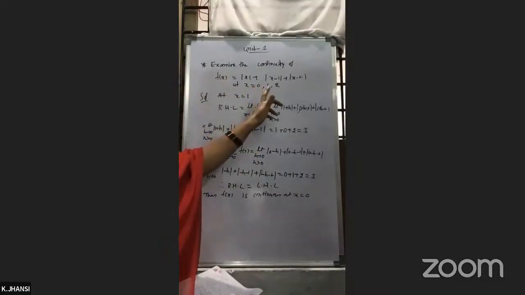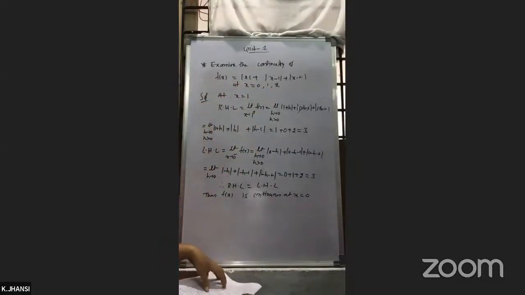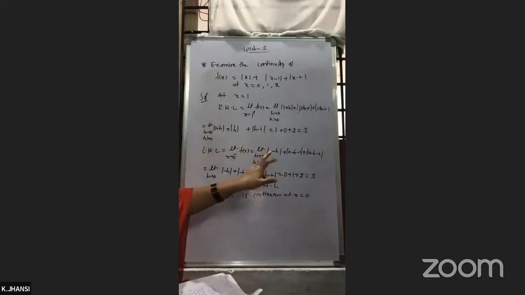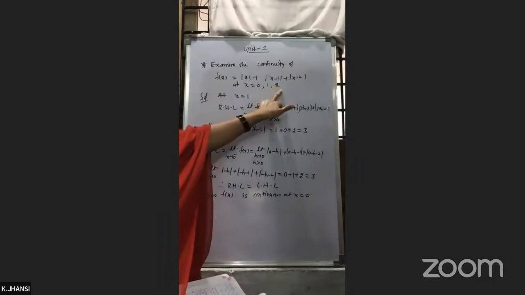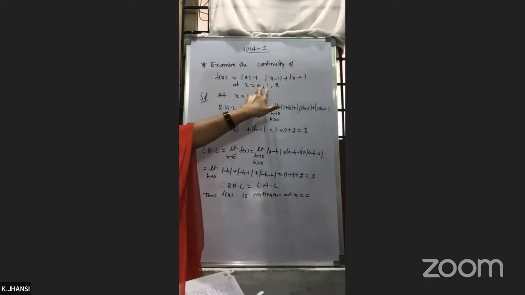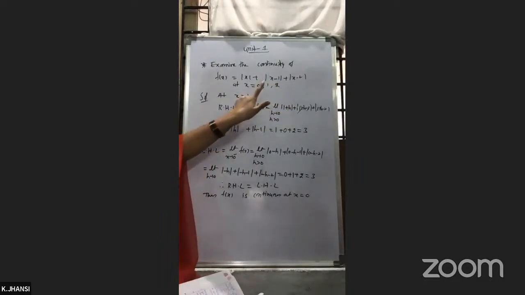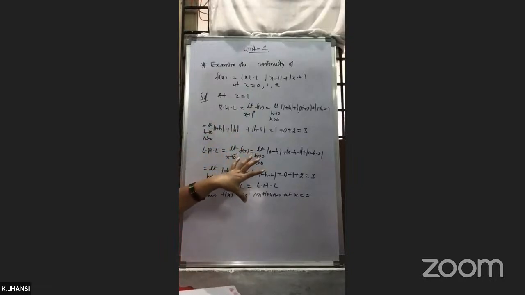In exams, we have to substitute all three numbers, ma'am? 0, 1, 2. Can you substitute only 0 or 1 or 2? No. At 3 points, you have to find the values. If such problems are given, they will ask it as a 10 marks question. Why? Because it is asked for 3 points. If it is only for 2 points or only 1 point, you might get it as a 5 marks question.